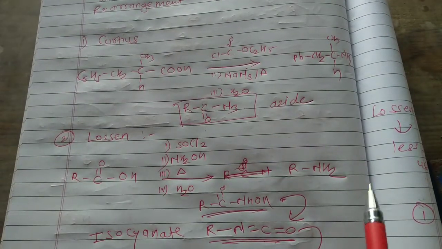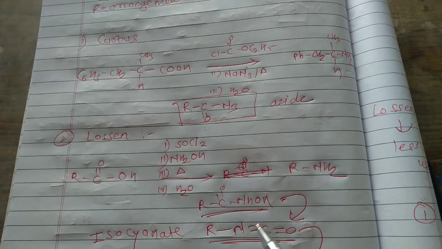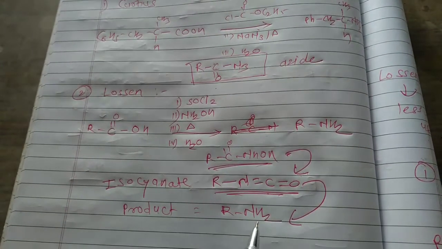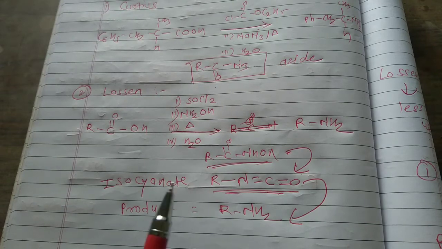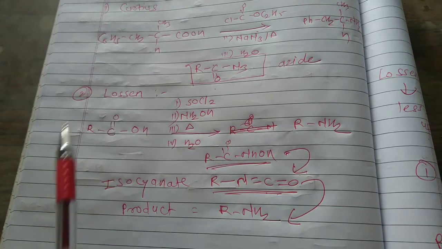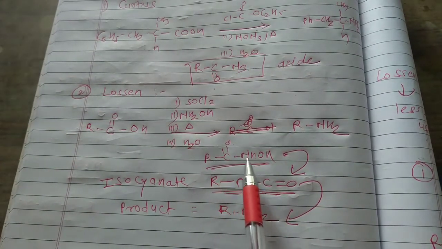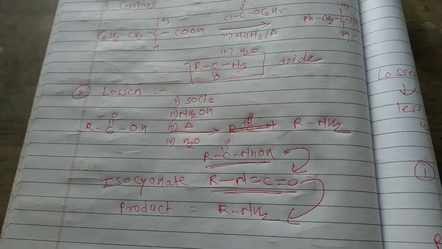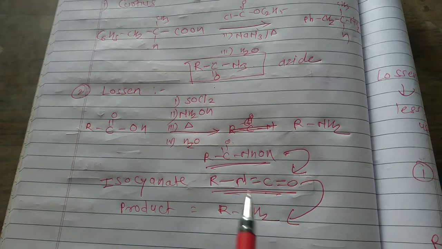That means in the Curtius and Lossen rearrangement reactions, the reactive intermediates are the same, that is the isocyanate, and the products are also the same, but the reactive precursors are different. In the Curtius reaction, the reactive precursor is the acyl azide, and in the Lossen rearrangement, the reactive precursor is the hydroxamic acid.